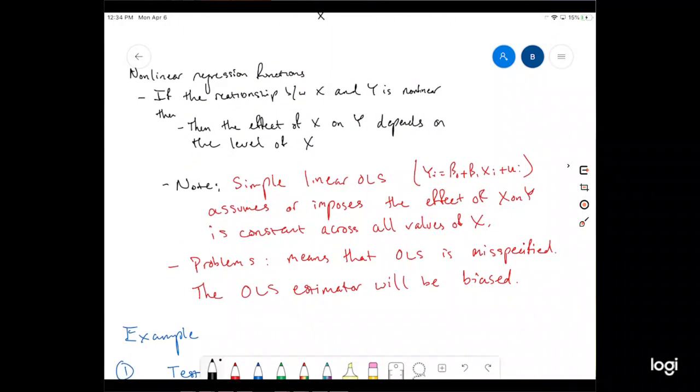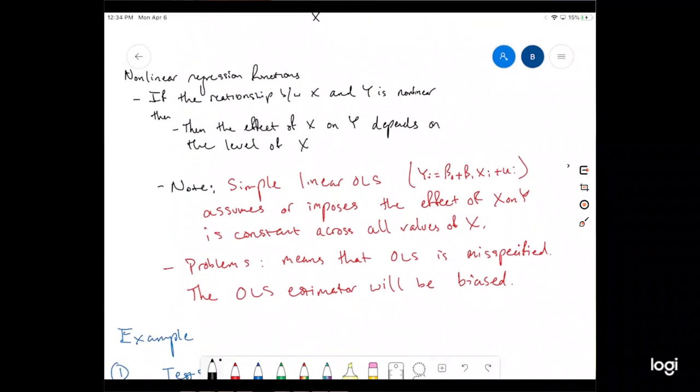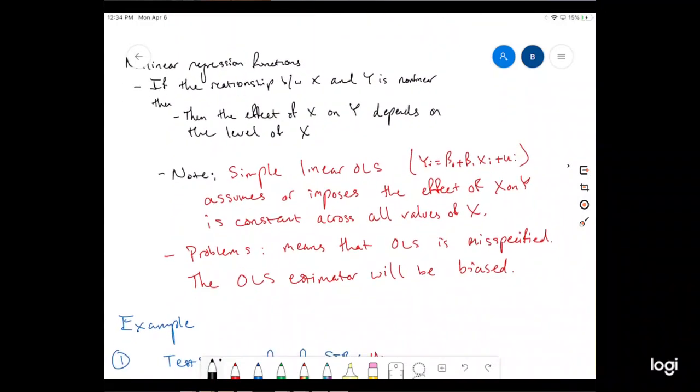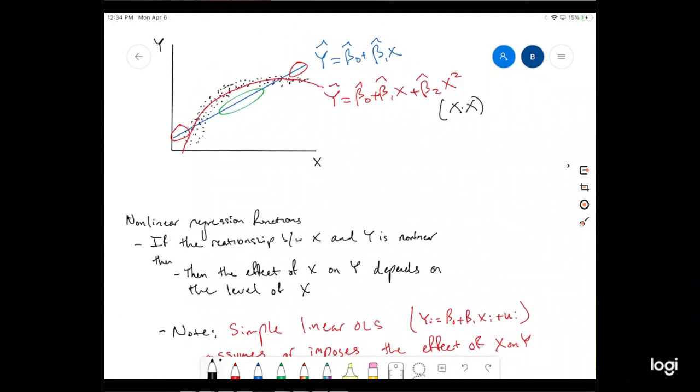So why is this important? Well, we know it's important because we can see on this graph here that we're over-predicting and under-predicting in some places. So the simple linear OLS model assumes or imposes the effect of x on y is constant across all x values. If it's constant across all x values, then we get this linear function here, and the slope is constant across x.